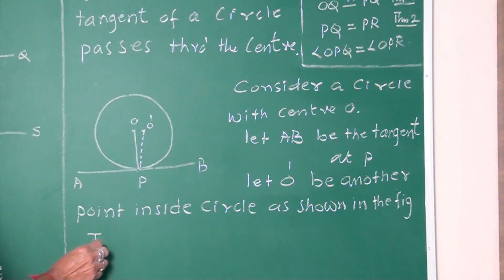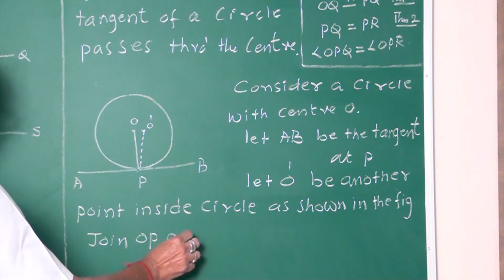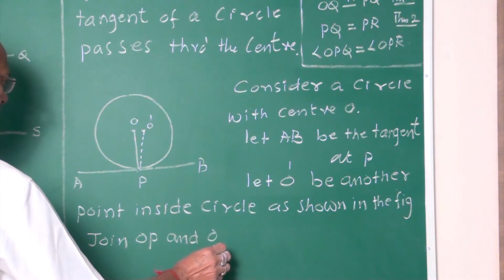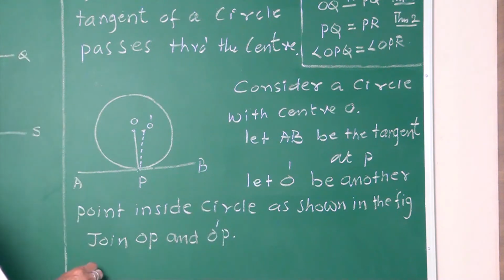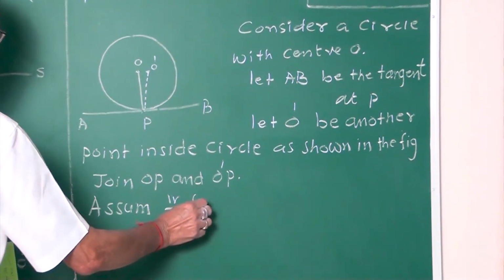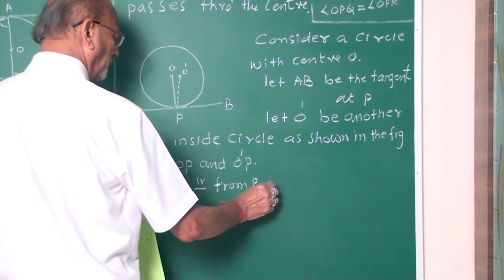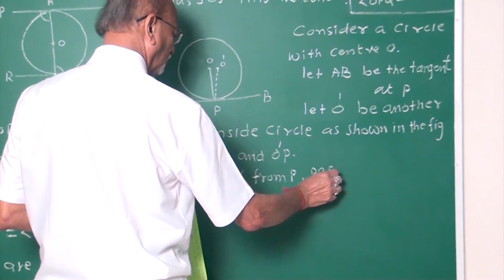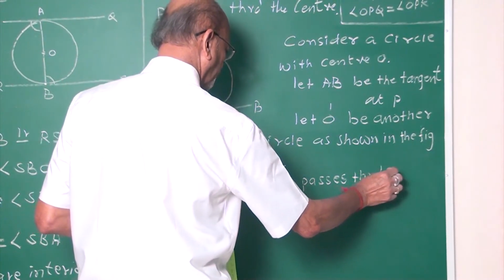Join OP and O dash P. Assume that the perpendicular from P passes through O dash.